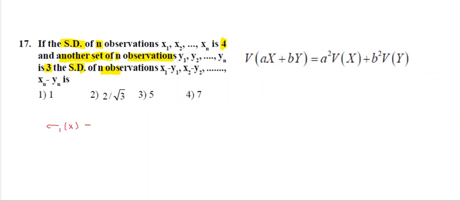Sigma 1 of x value is 4. Then sigma square of 1 of x is equal to 16. Sigma square means V of x only. So I am writing here V1 of x is equal to 16.